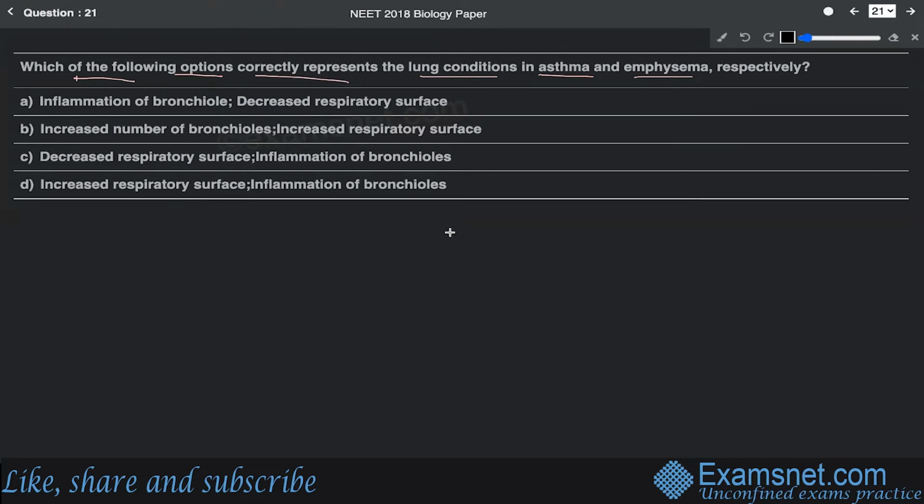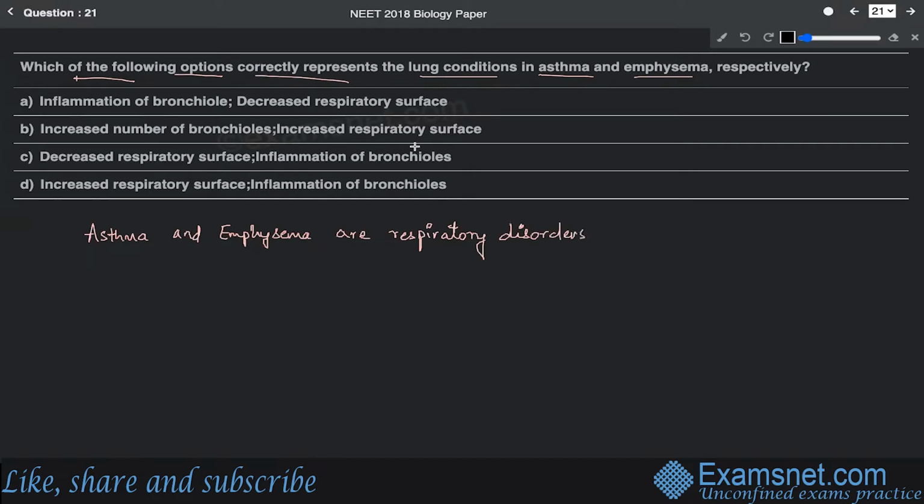And let me tell you that asthma and emphysema are both respiratory disorders.